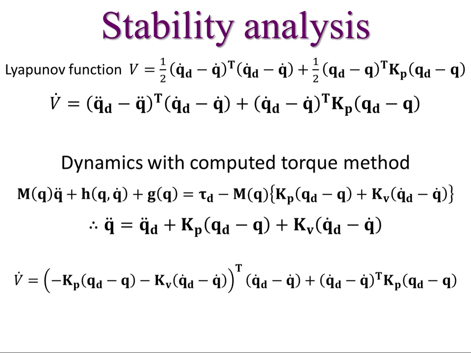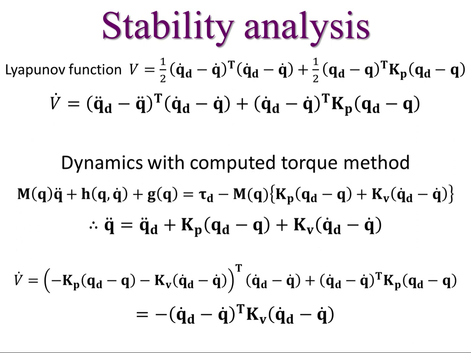You can see that the first term in the first parenthesis on the right side of this equation cancels the last term in the whole equation. Therefore, only the term related to the second term in the first parenthesis on the right side remains eventually. Therefore, V dot finally becomes this quadratic form.